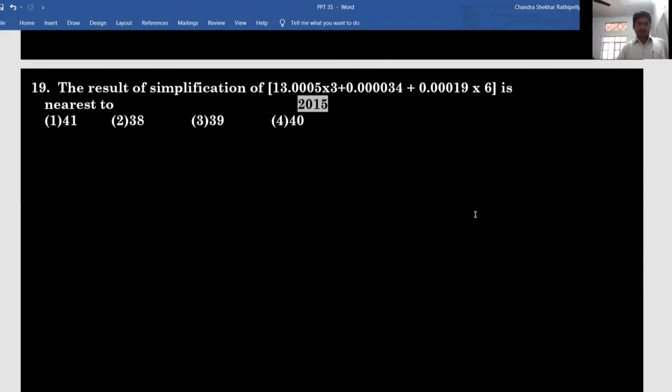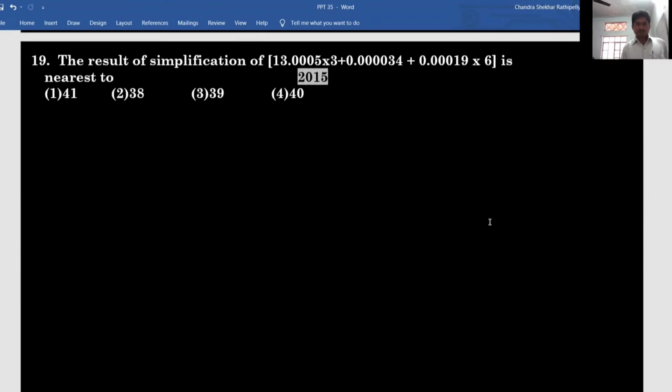So question number 19. The result of simplification. First, we have to multiply this.